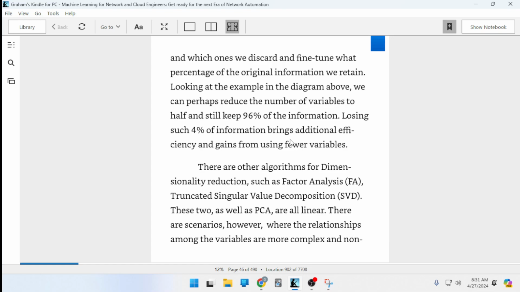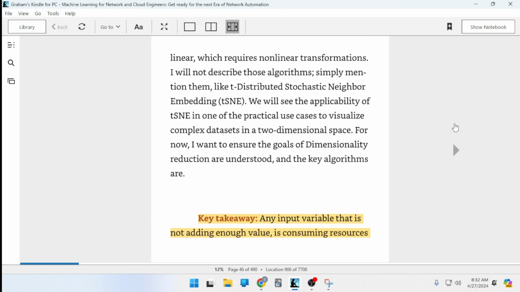And these are all linear algorithms for dimensionality reduction. There are scenarios, however, where the relationships among the variables are more complex and non-linear, which requires non-linear transformations. I will not describe those algorithms. That's more advanced. This book operates at the beginning to intermediate level.